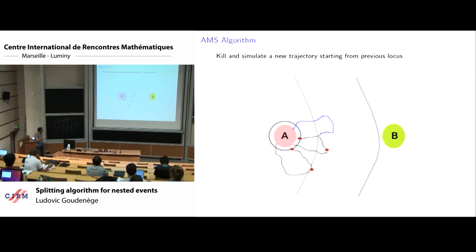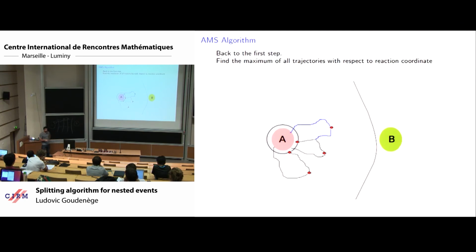I have killed this one and only branched a new trajectory on this one. So what I obtain now is again 3 trajectories starting from Z minus, but all the trajectories will reach this level.